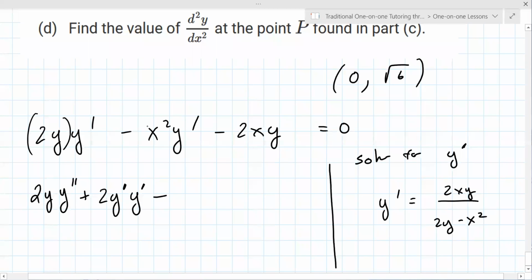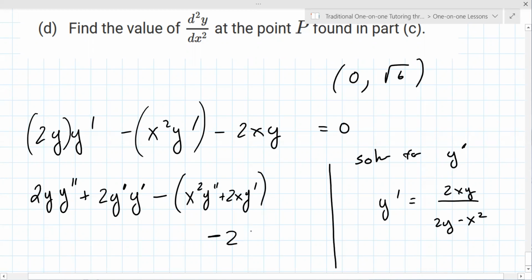Now you're on to this one: minus x squared y double prime, then 2x y prime, minus 2x y prime, and then plus, because the x goes away.